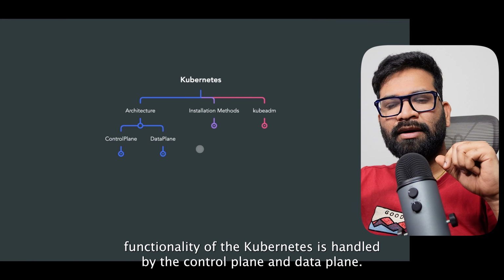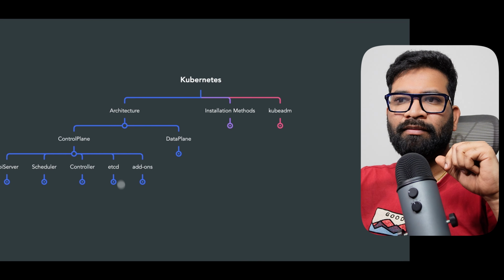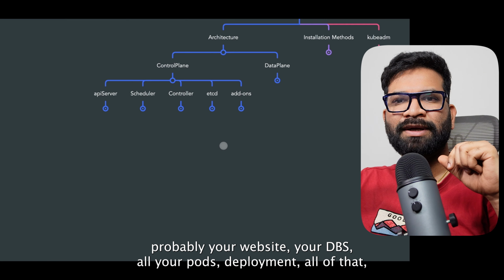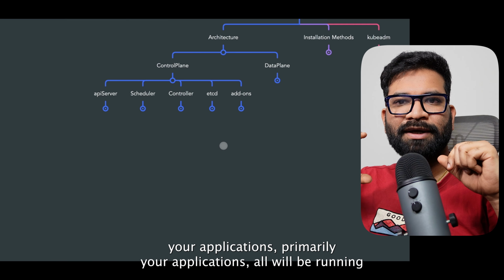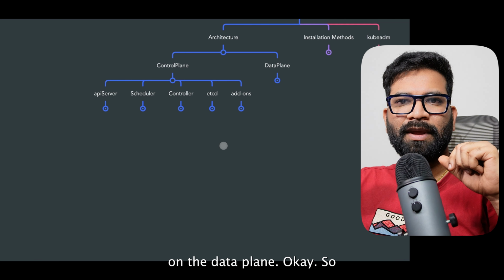The data plane is where you run your workloads, probably your websites, your DBs, all your pods, deployments, all of that, your applications primarily. Your applications will all be running on the data plane.